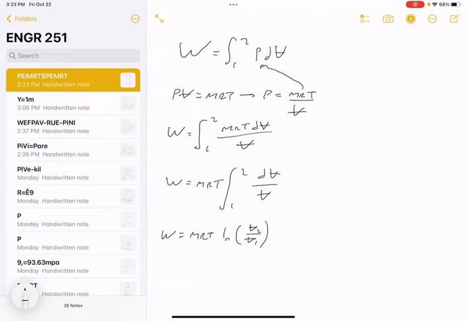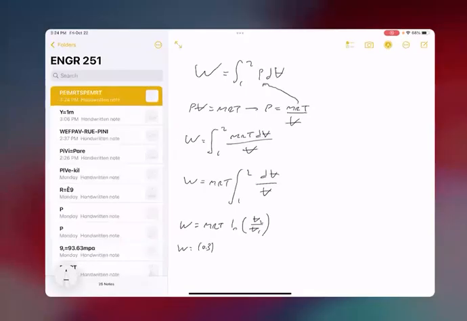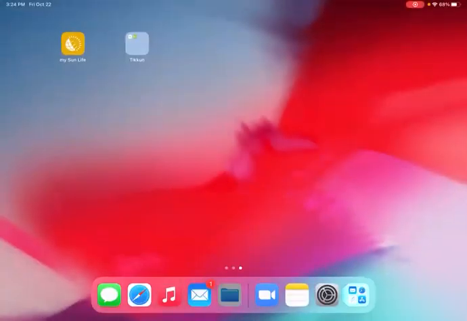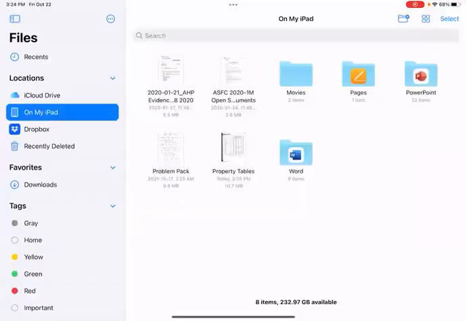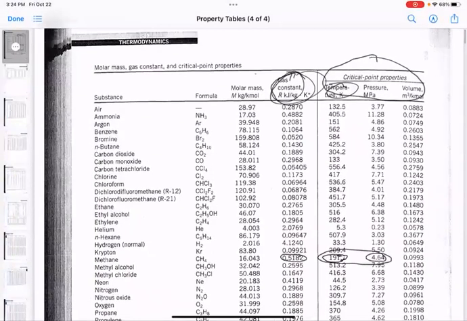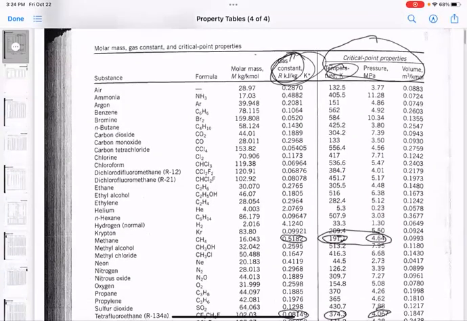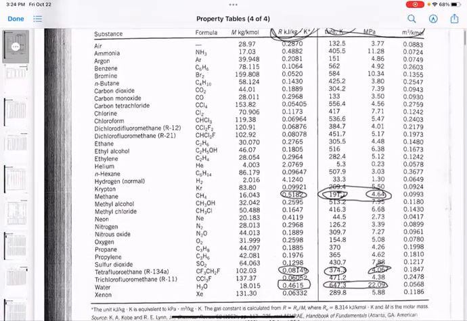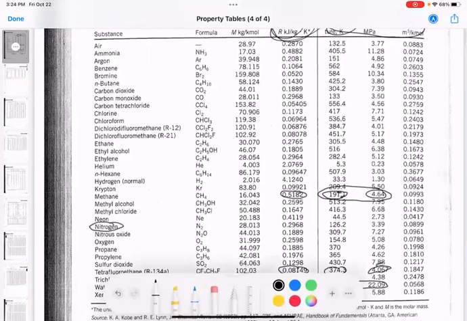Now, in terms of the actual values that we're going to put in here, we're told that the mass is 0.3. Now, R, I don't know what it is, but I'm going to find out very quickly by going to the property tables. I believe this was for nitrogen. There we go, we're looking for nitrogen.